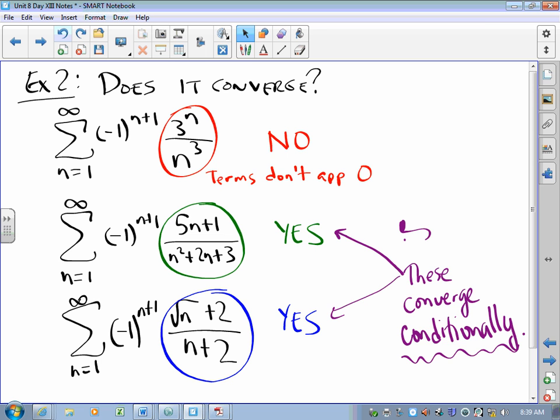Similarly, with the blue guy, we would say the 2's don't matter, and we'd get n to the negative 1/2, and that's a p series, and p is less than or equal to 1, and so that would diverge. So when we say that a series converges conditionally, we mean that the alternation is the condition under which the series converges. If it were not for that alternation, the series would not converge. So we say if a series converges only because of the alternation, it converges conditionally.